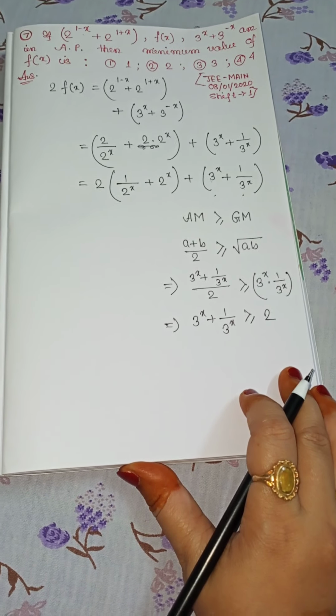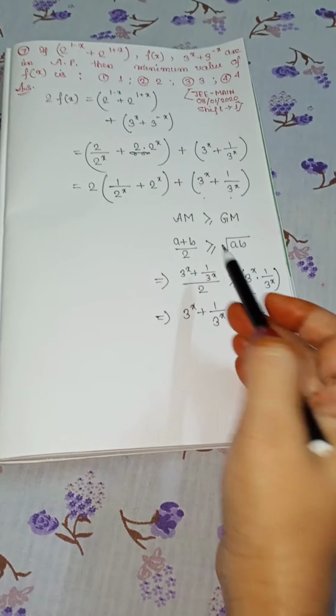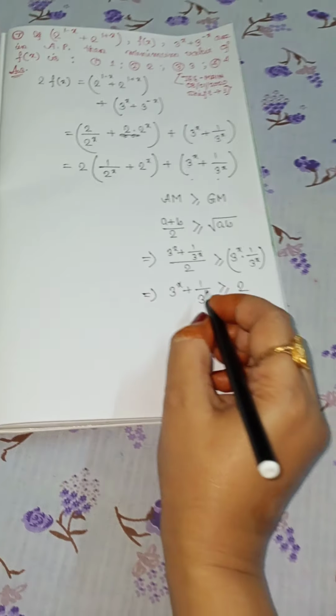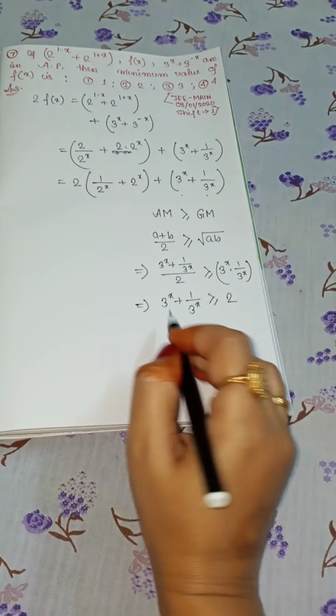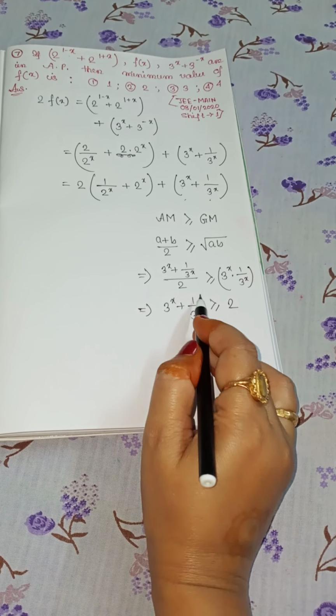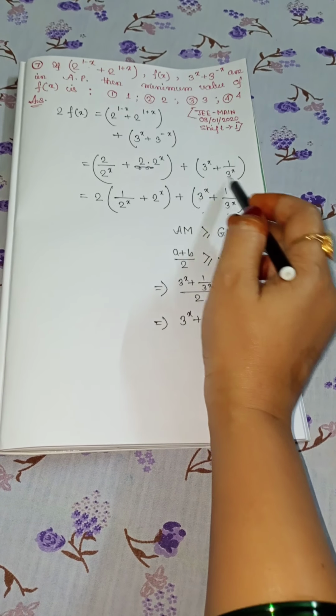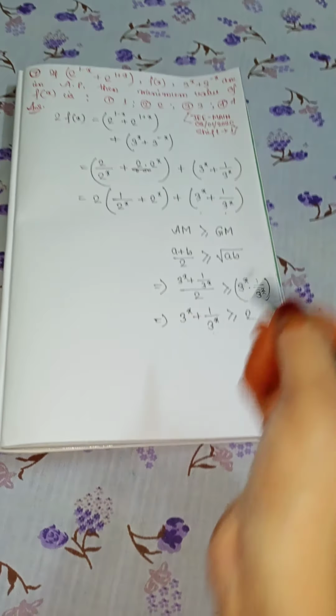Now the minimum value occurs at the point A is equal to B. So 3^x is equal to 1 by 3^x, and this must be greater than or equal to 2.